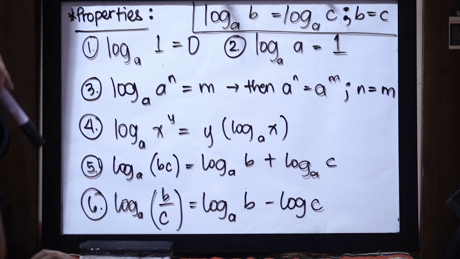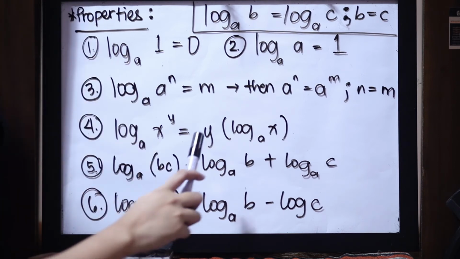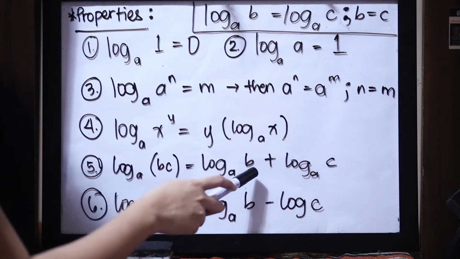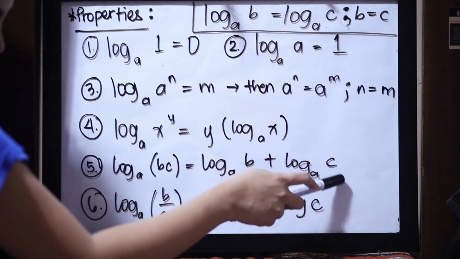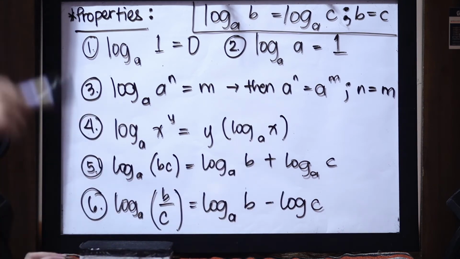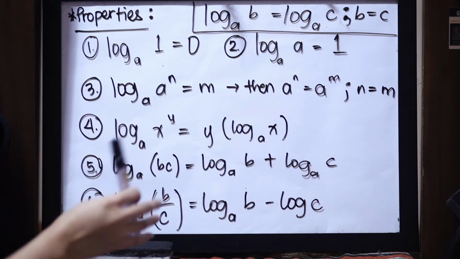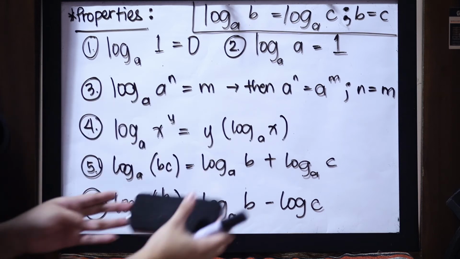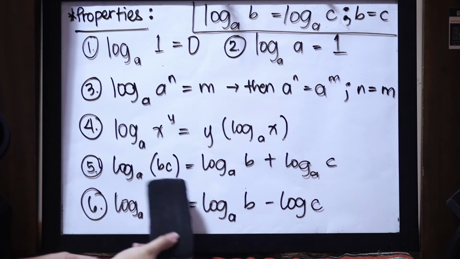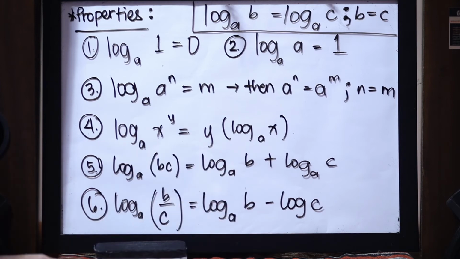Pagka meron kayong dalawang logarithmic function na pinag-a-add, wherein yung base niya ay the same, ang gagawin mo lang yung b at saka yung c or yung argument ng dalawang logarithmic na yon ay imumultiply nyo lang sa isa't isa. Or either way, pag yan yung given, i-rewrite mo siya as this one.